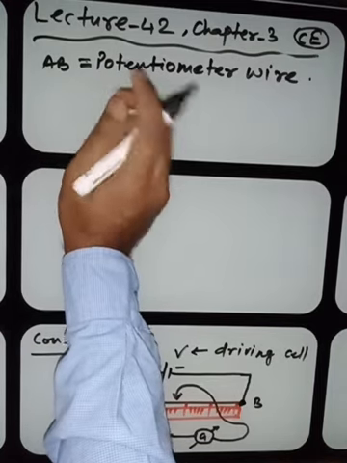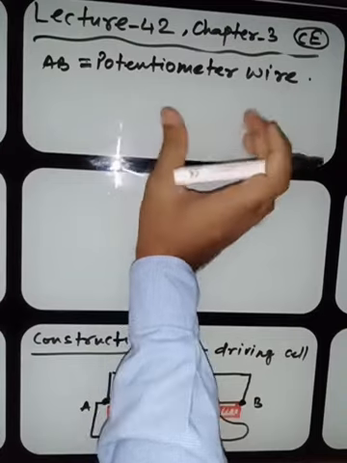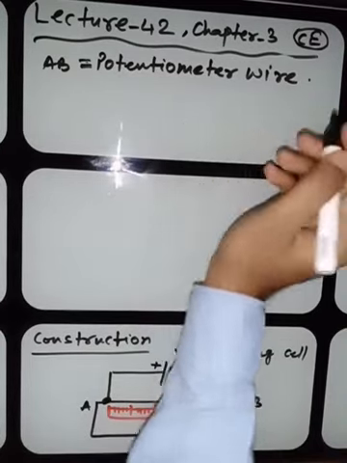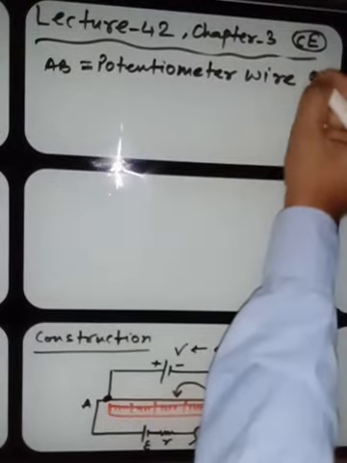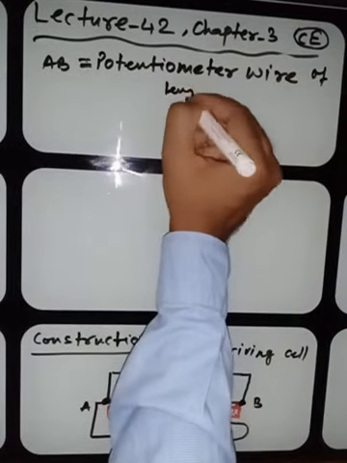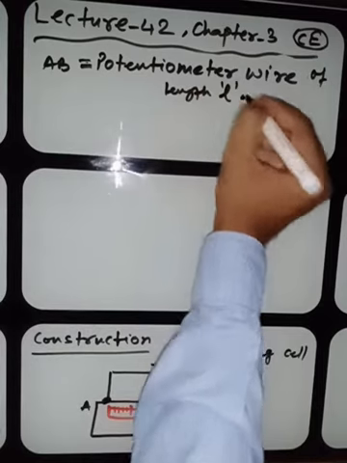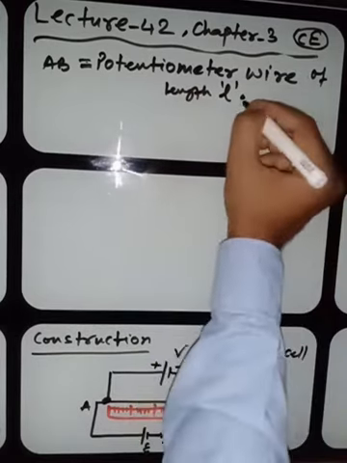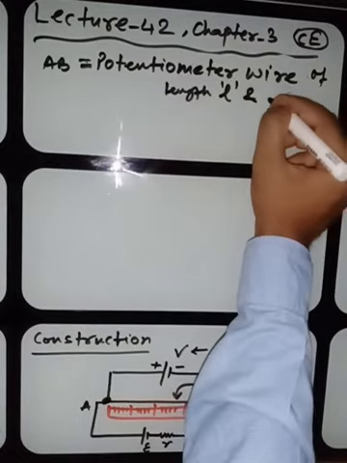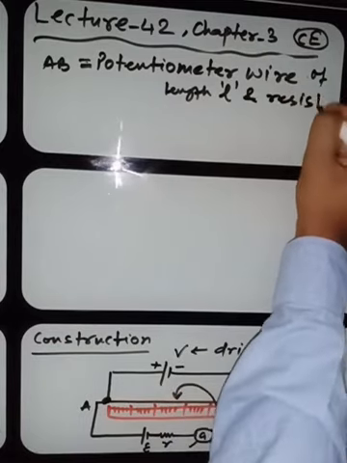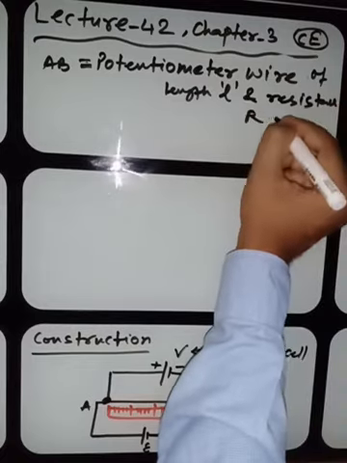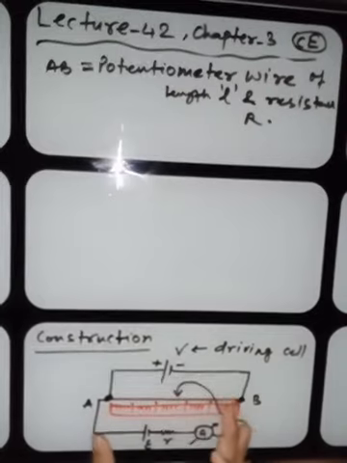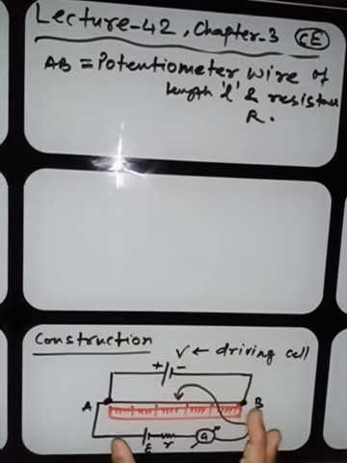Its length will be given as L, and resistance R. What is this R? R is the resistance of this AB wire.